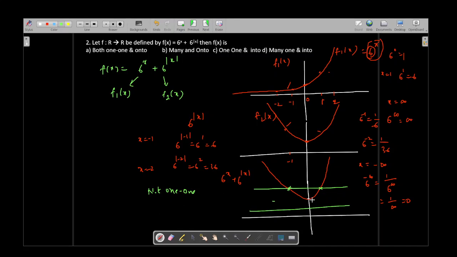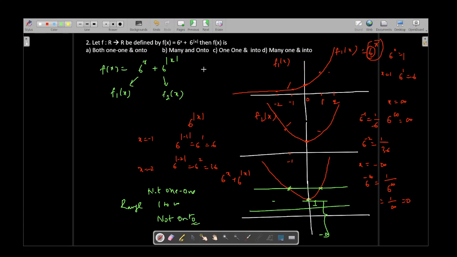And the range, the y values the function covers, is 1 to infinity. So the range of this function is 1 to infinity. It does not cover values from minus infinity to 1. The function does not cover these values, hence it is not onto as well.